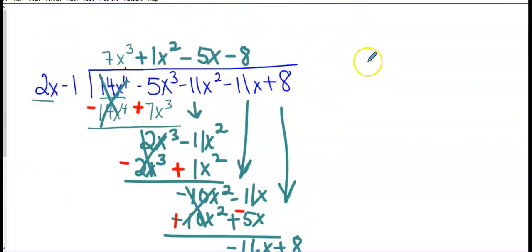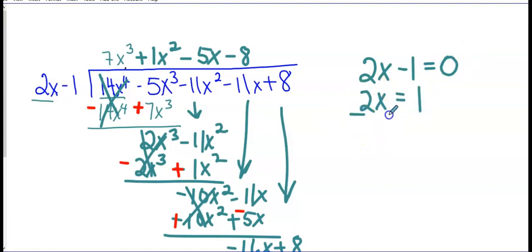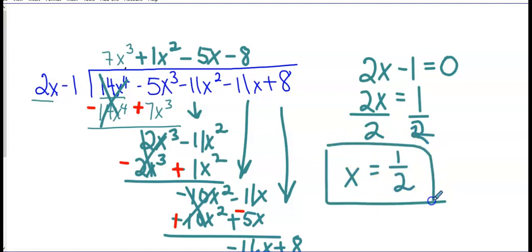Now, if 2x minus 1 is a factor, then I can figure out what one of the roots is. If I set this equal to 0, x equals 1/2. What that means is 1/2 is a root for this polynomial function right here.